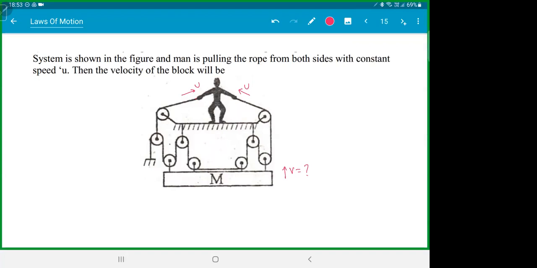So first of all, try to understand. You should always take the free body diagram of the string. Start with any one side. If I say this is tension T, now see this entire thing is the same string.